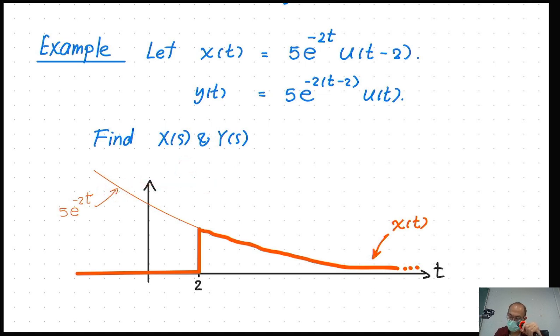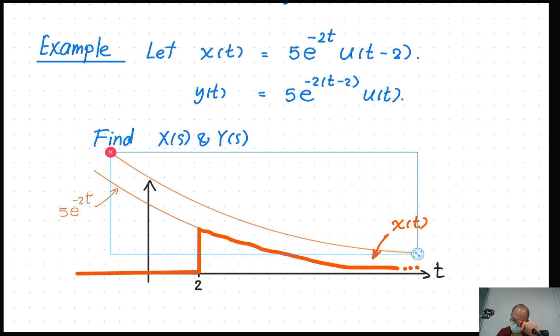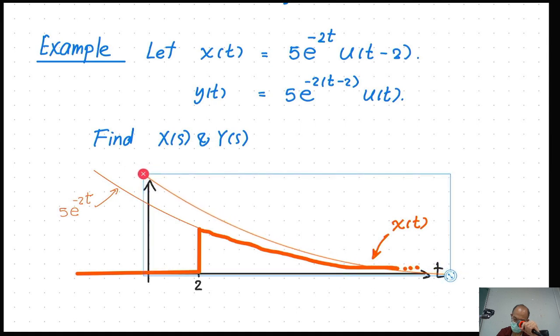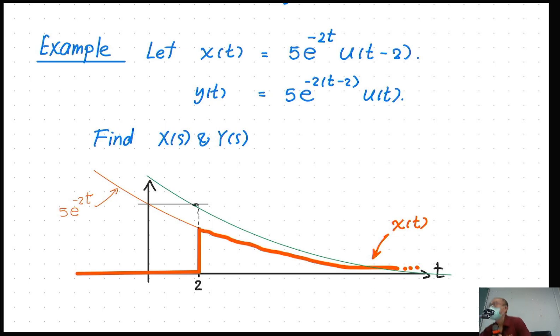So when we do that, let's copy it and shift it to the right 2 time units. It's exactly here. Look at these two points, shifted 2 time units.